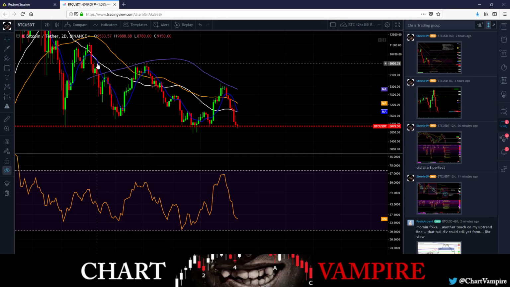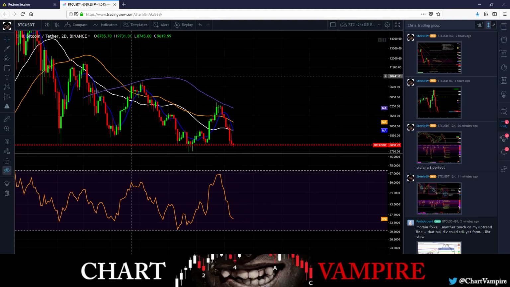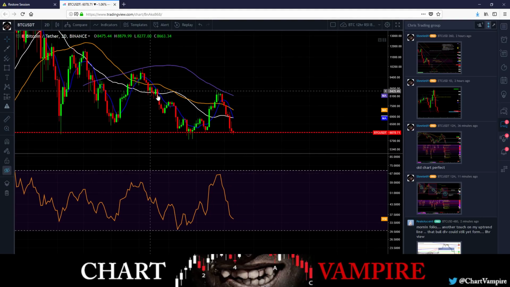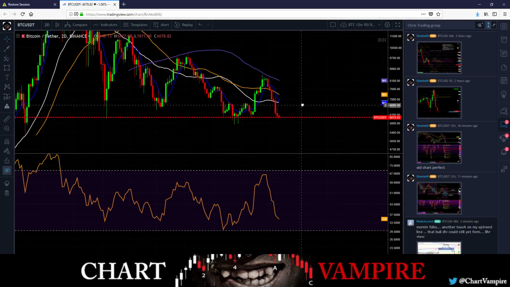At least in the setups where we're at. So this was just too insane. That had to have bounced right there. So where we're at right now, I would be really careful, guys, longing into this unless you're just playing the dead cat bounce right off the 6K region, which is great, super good.